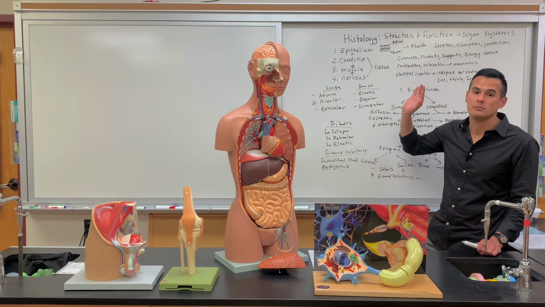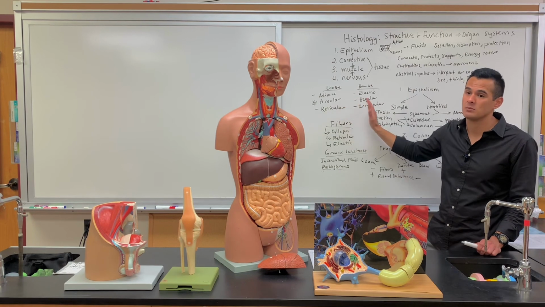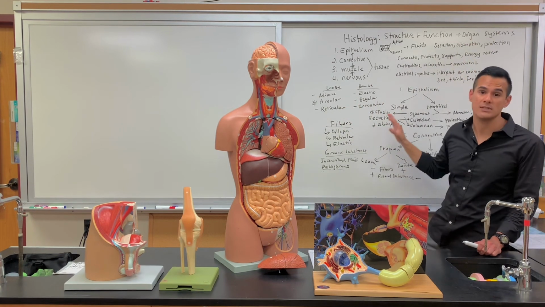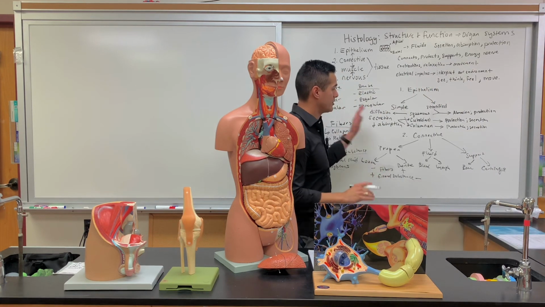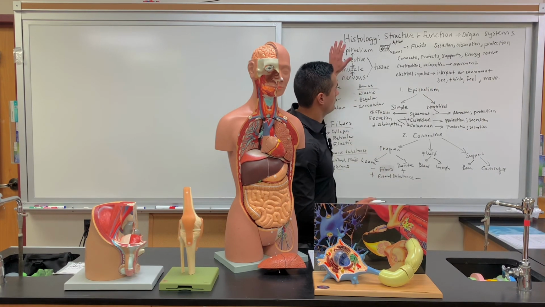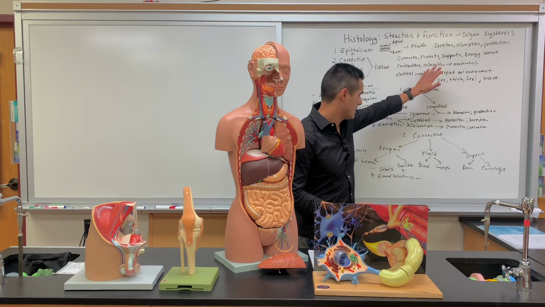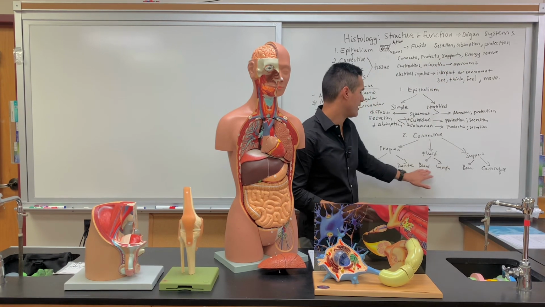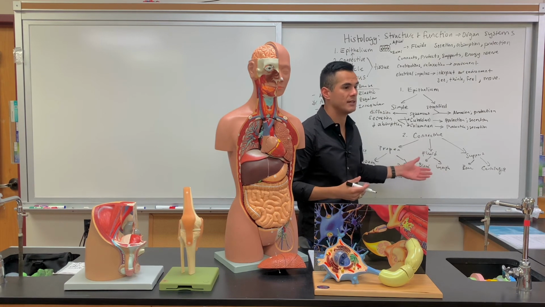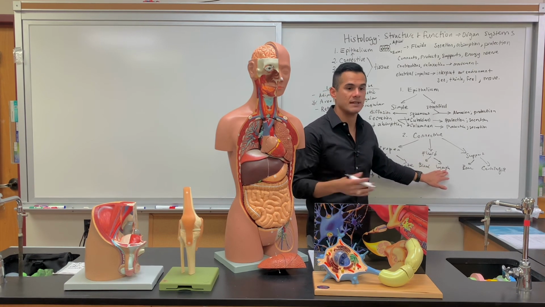We're going to revisit these topics once we get into the organ systems, but this is a general introduction of the different types. Okay, so let's finish this here. We have blood and lymph. We already know blood circulates through the body.